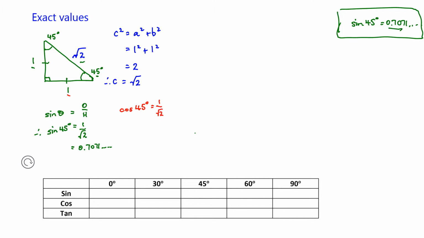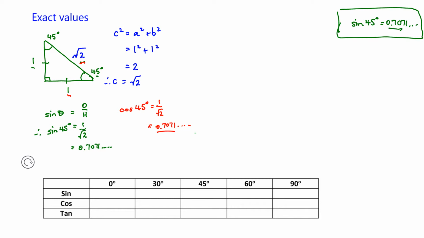Once more we can calculate this on our calculator, and we see that it's 0.7071, etc, etc. Not only is it identical to the sine 45 degrees we just found, but if we type in cos 45 degrees on the calculator and press equals, then we'll come up with this identical number.